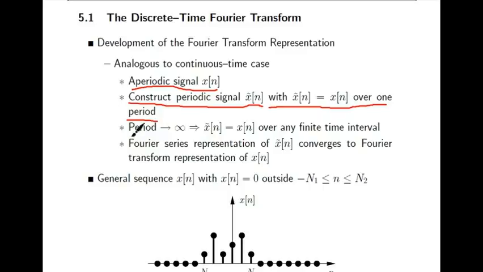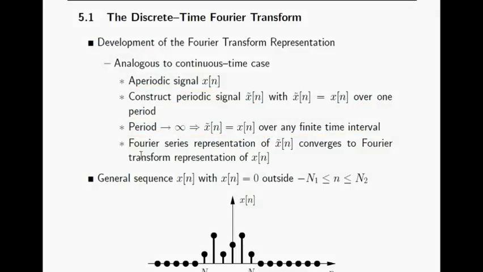If the period tends to infinity, then x bar n will be equal to x of n over any finite time interval, and then the Fourier series representation of x bar n converges to the Fourier transform of x of n.